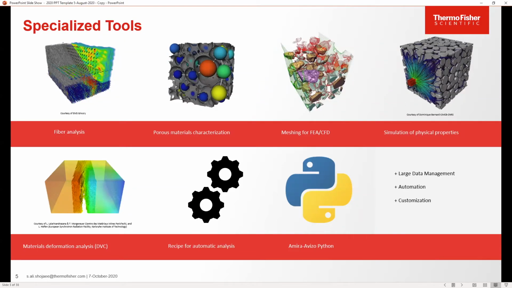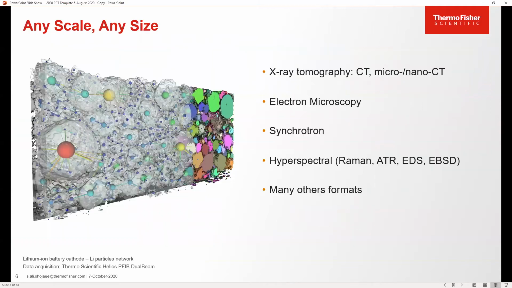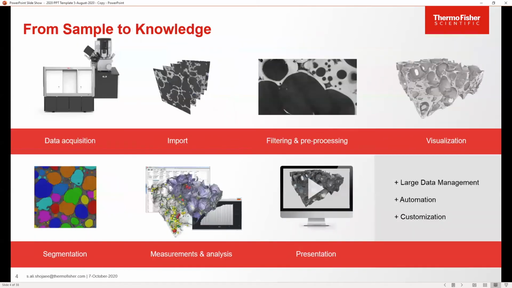The workflows can be automated. And then if you need to, you can expand on top of the software using Python and some other tools that are available. There are ways in the software to manage large data. There are ways to automate the process, as I said, and then you can customize it if you want with Python.